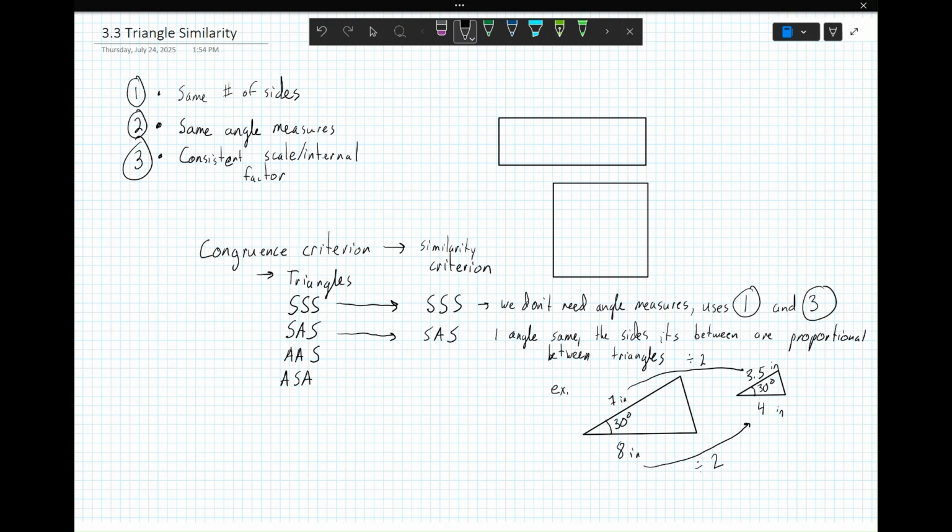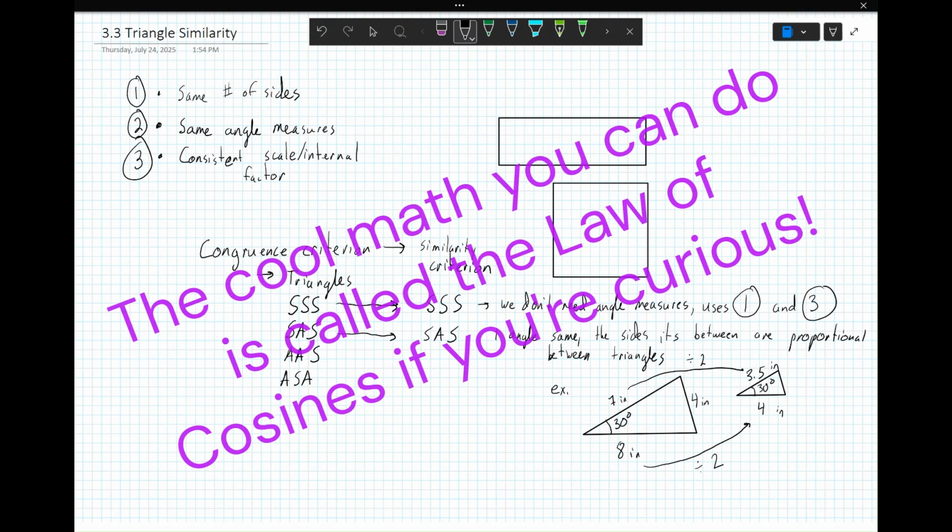So let's say we knew this side was 4 inches. It's probably not that. There's actually some cool math you can do to figure out what that side length would be exactly. In fact, I'm going to figure out what that side length is going to be exactly real quick.